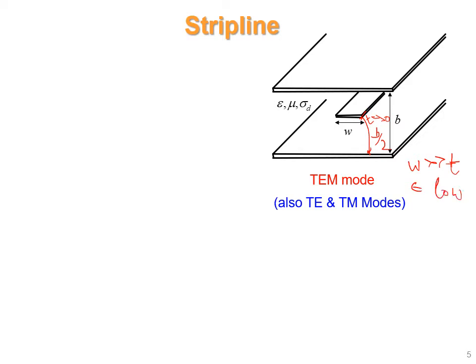This dielectric material has the height b by 2, and above it the very thin conducting path is deposited, having the width W. The thickness is very, very low, nearly tending to 0, and this dielectric material is supported by the ground.